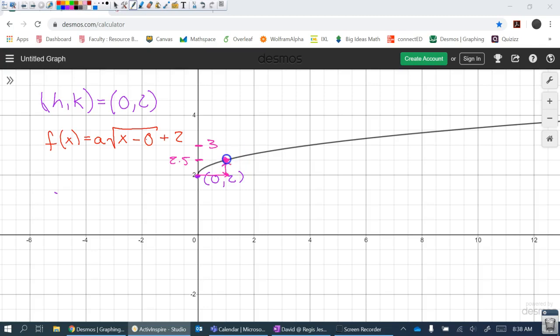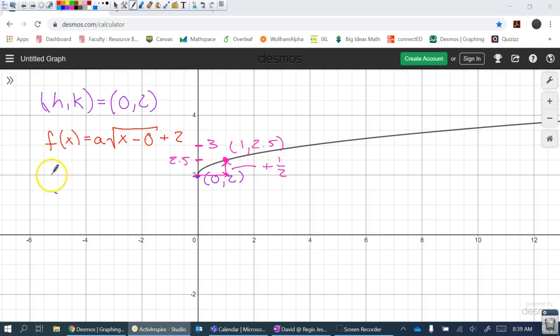So the point that's sitting on this curve, 1 unit away from its endpoint, is 2.5. Well, let's see, how far have we moved upward? We started at the y value 2, so we've only moved up an additional 1/2 unit. That tells us exactly what our a value is.